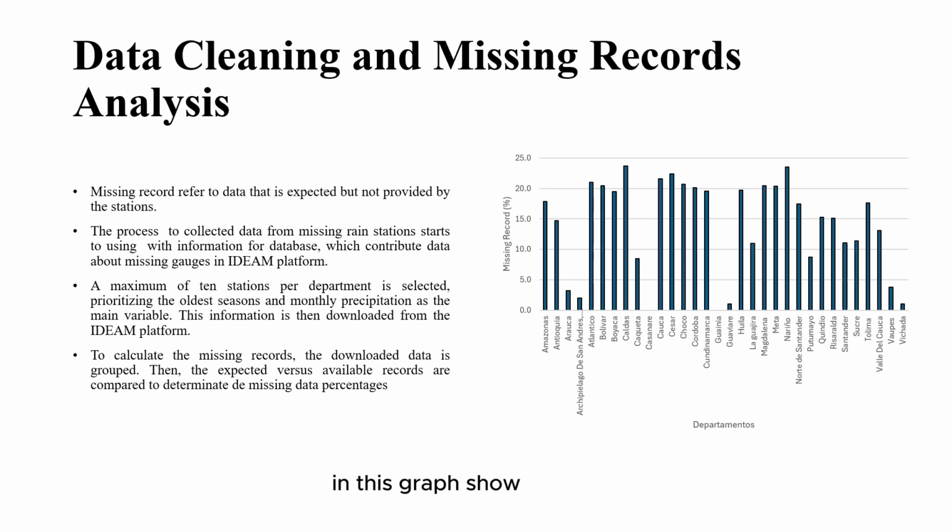This graph shows Caldas department with the highest missing records, while Casanare and Guainía departments don't have missing records.